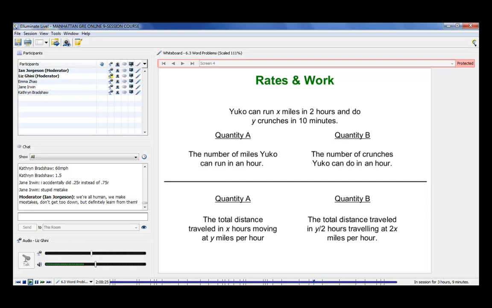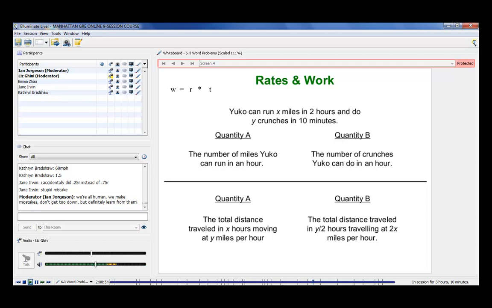Now, in terms of writing it out, what equation do we use here? Yuko can run X miles in 2 hours and do Y crunches in 10 minutes. How do you translate that? Work, remember, is rate times time. So what do we have?